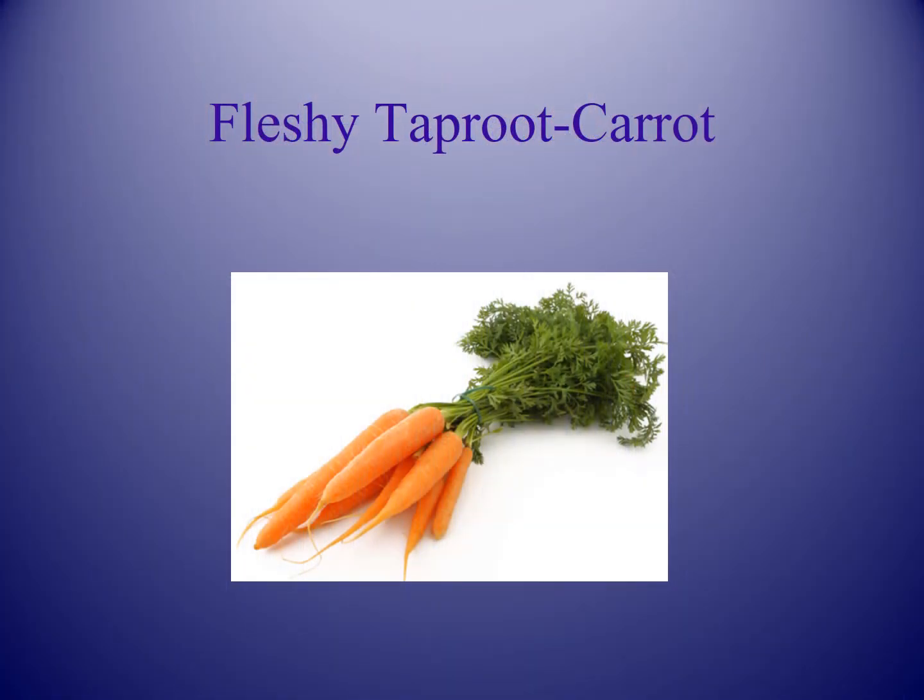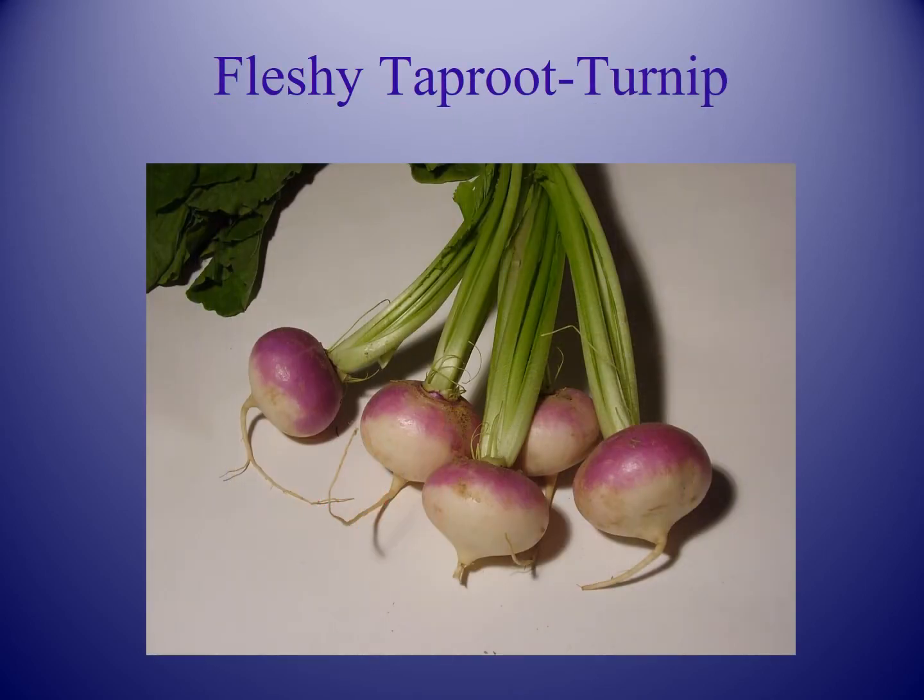All right, carrots are examples of fleshy taproots. And turnips are another example of fleshy taproots. Now one thing to remember is a plant that makes a fleshy taproot will make one taproot per plant.